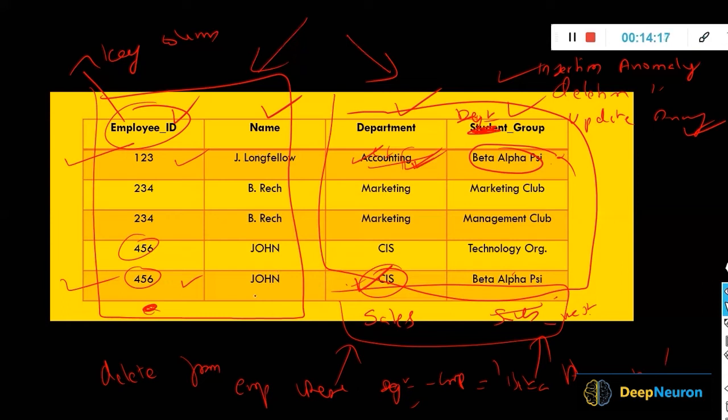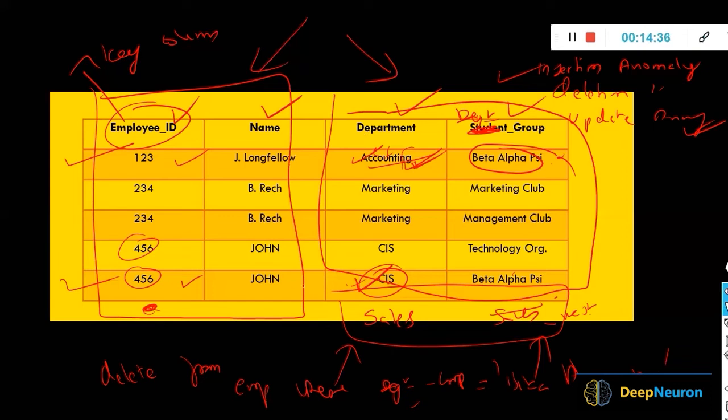It will not remove the employee ID. Rather, only this group will get removed. Let's say beta, alpha, PSI has 2 departments. I don't need this department, I want to retain only this department. Let it be there. So it will not cause the deletion anomaly.